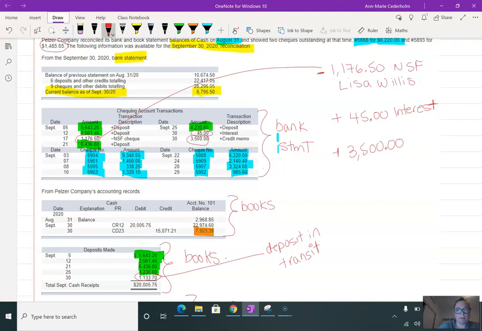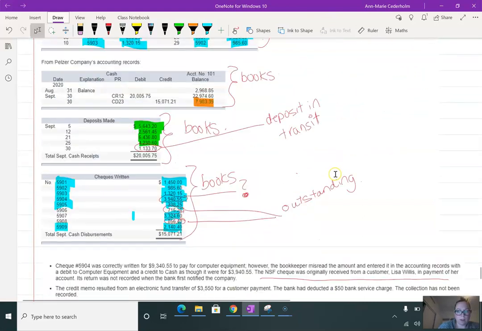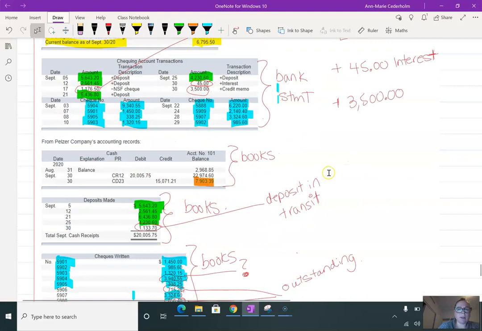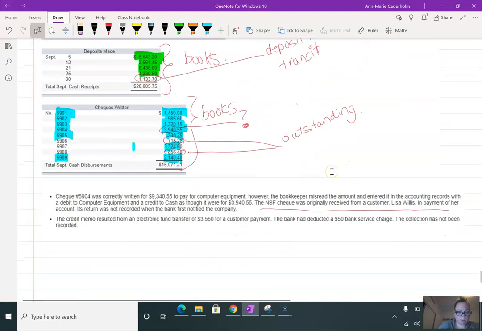So this $3,500 credit memo, let's see what that's for. The credit memo is the combination of a customer payment, 3550, and then they took off $50, so the bank charged us $50 for the service fee. So that net amount is just $3,500.